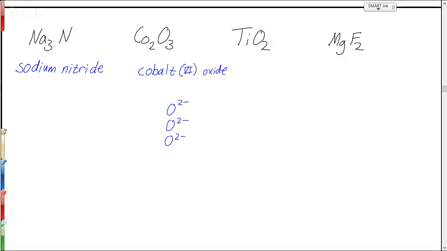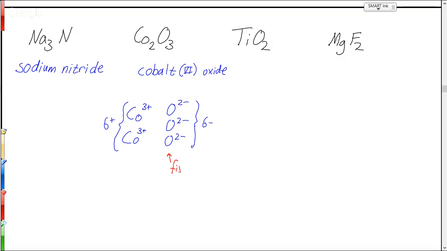So that means the total negative charge is what for this compound? Yeah, total -6. So if there's 2 cobalts, what does each have to be to balance that out? Yeah, each has to be 3+, so that can be a total of 6+.